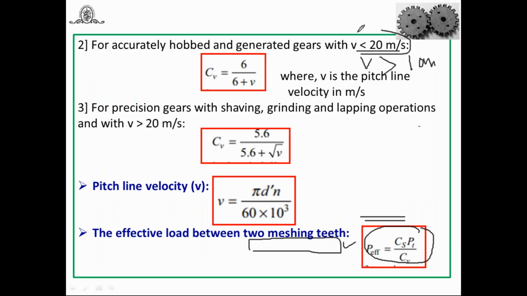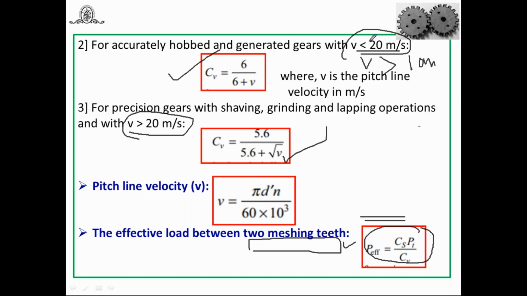If velocity is less than 20, then you have to use CV is equal to 6 upon 6 plus V. If velocity is greater than 20 meter per second, then 5.6 upon 5.6 plus root V. Try to understand. That means you have to calculate the velocity and check whether it, in meter per second, is less than 10 or greater than 10 meter per second.